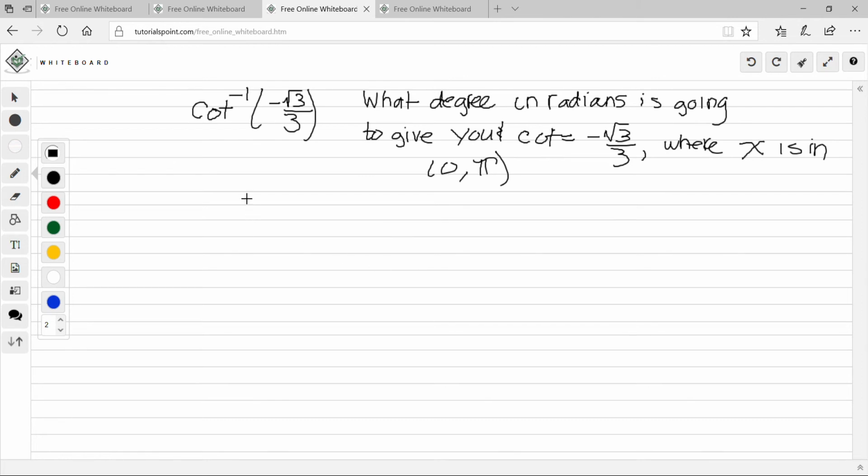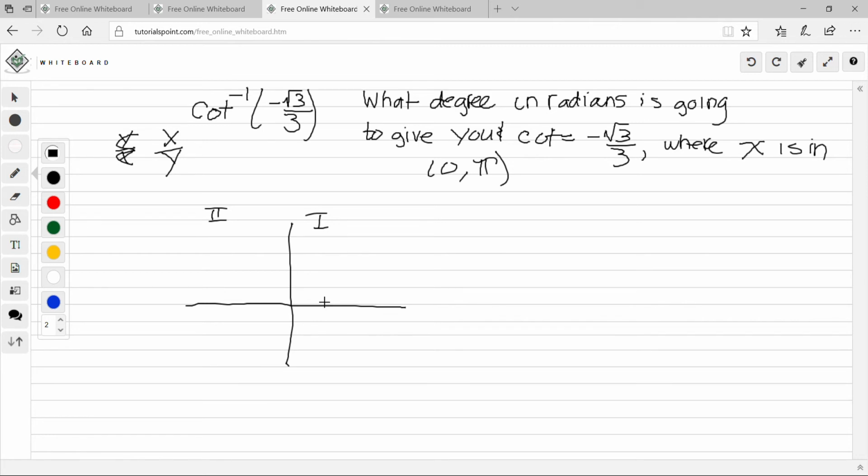Okay, so what is cotangent really? Tangent is y over x, right? So cotangent is the opposite, so it's x over y. So let's draw the graph. Our boundaries are from 0 to pi, so we can only use quadrant 1 and quadrant 2.